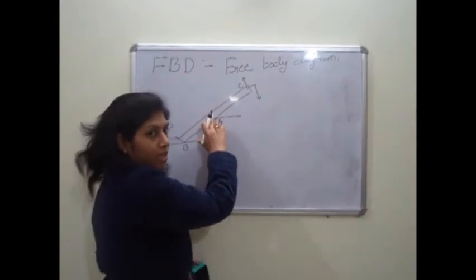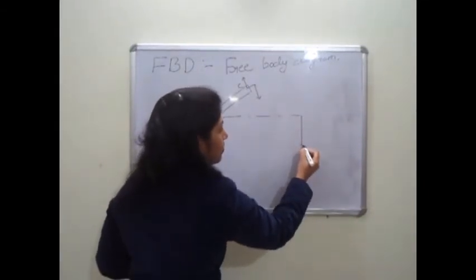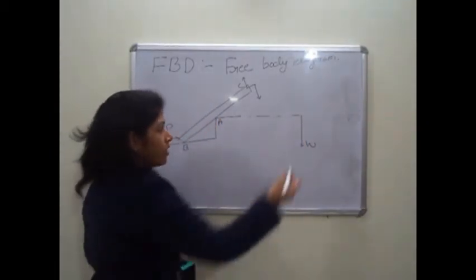We have to find the center point to make the weight W. If this is the center point, this will be W.